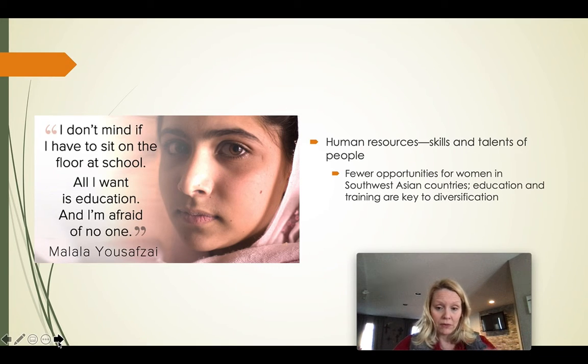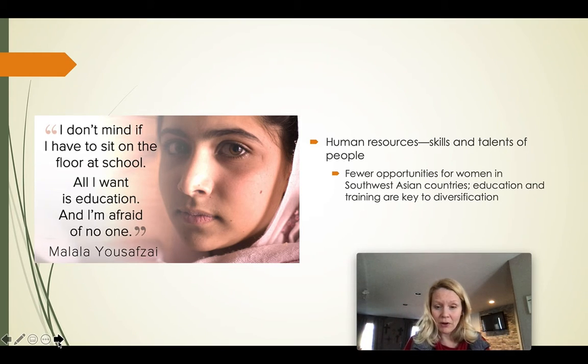You don't have to be of a certain gender, and you don't have to be of a certain religion. People are finally, I think, realizing in Southwest Asia that all people have a dignity and a skill and a talent that can be offered to improve society.